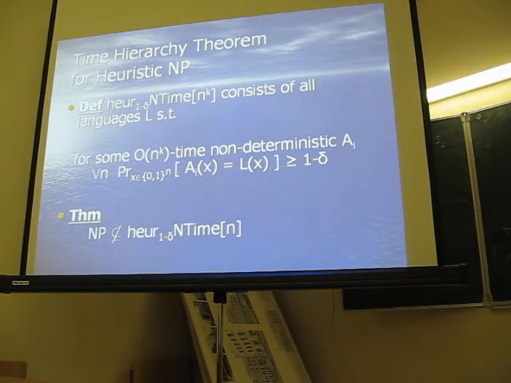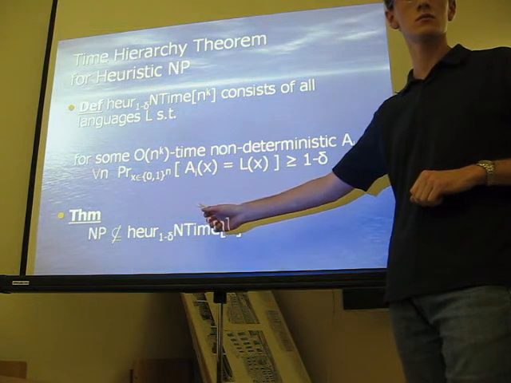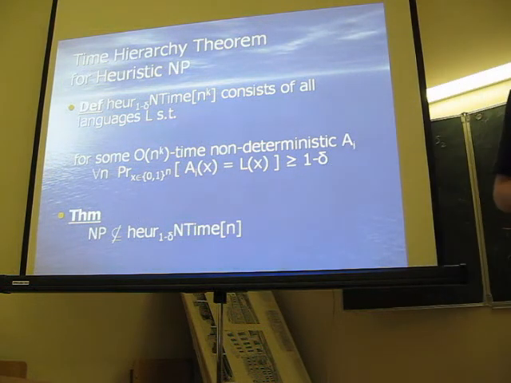Is it involved in that definition? If X equals something, what does it mean? It's not a predicate, it's just a function. L of X is just a function with two values, 0 and 1.